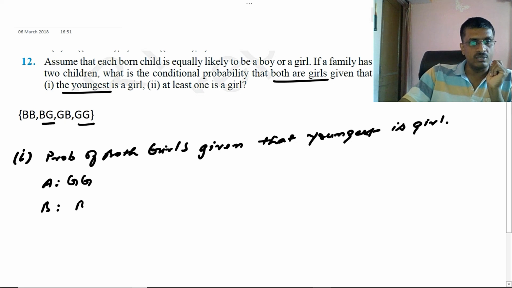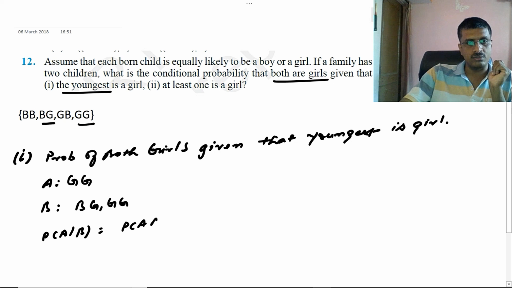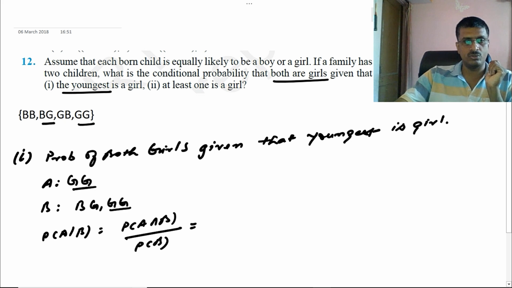One is BG and another is GG. So when you apply A slash B here, it would be prob of A intersection B upon prob of B. Now A intersection B, common among the two. I find just one element common among the two.